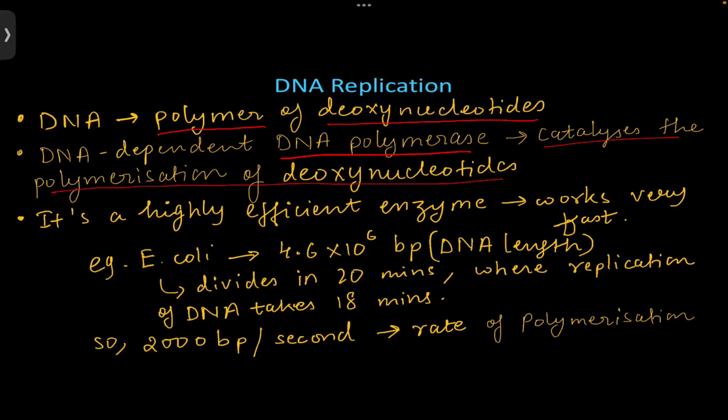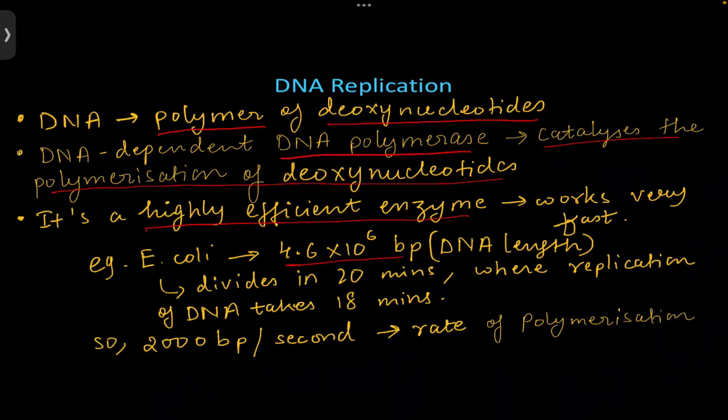Now, the speciality of this enzyme is that it is a highly efficient enzyme. It works very, very fast. So let's look at how fast it works. In E. coli, the length of the entire DNA is around 4.6 million base pairs.